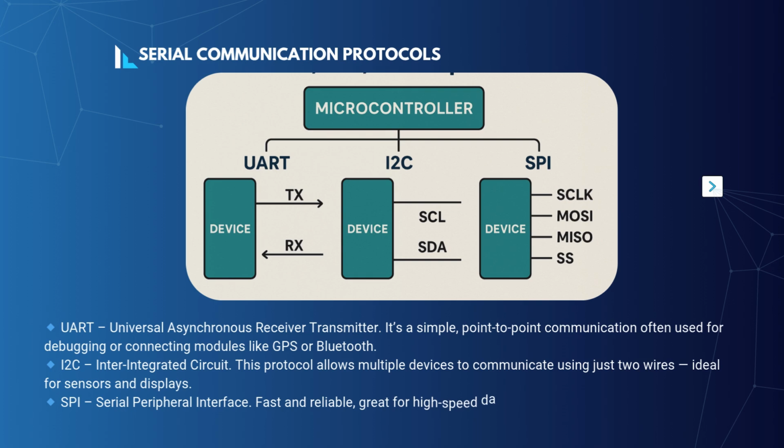This protocol allows multiple devices to communicate using just 2 wires, ideal for sensors and displays. SPI, Serial Peripheral Interface. Fast and reliable, great for high-speed data transfer between microcontrollers and memory chips or screens. We'll explain how each protocol works, their strengths, and how to implement them with real components using the Arduino IDE. You'll learn to send data, read values, and even debug using serial monitors.